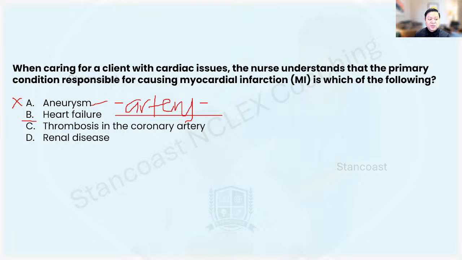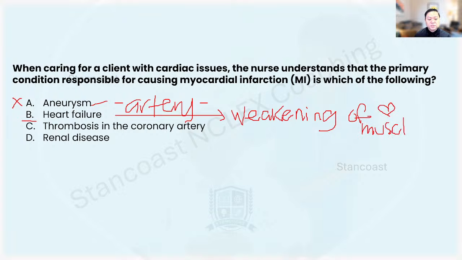Okay, so the heart failure is the weakening of the heart muscle. And again, this is a complication of MI, not the other way around. Okay, so we are not selecting this option either.